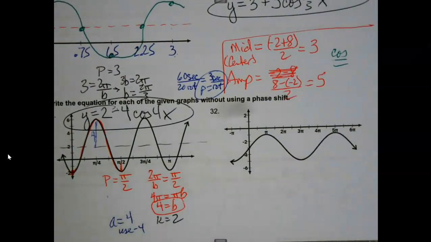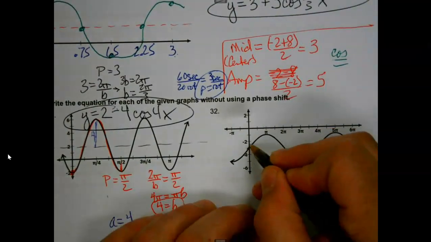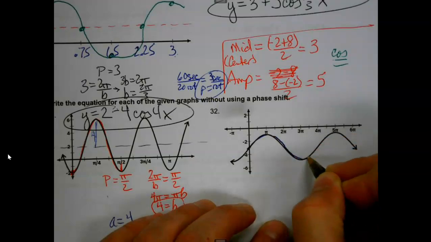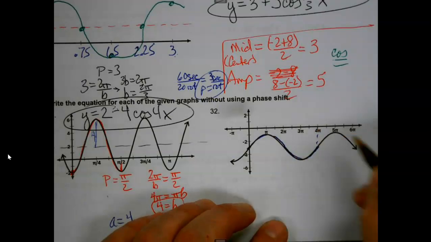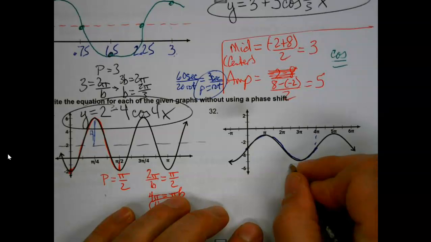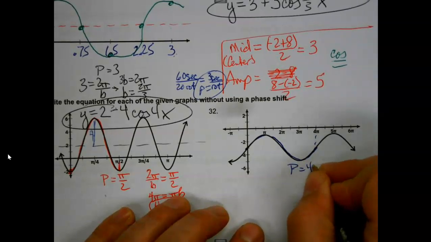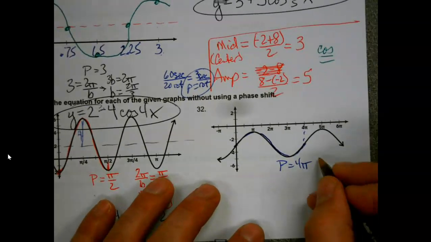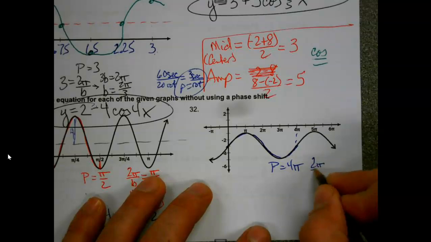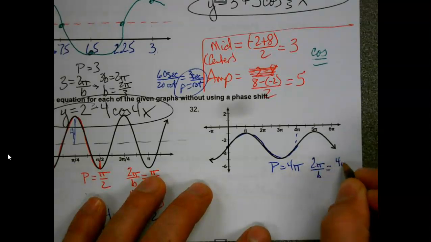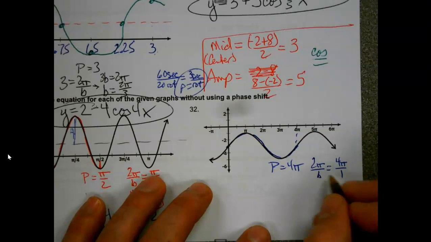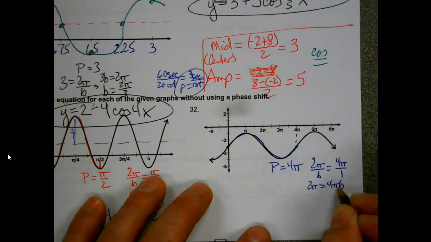One more time. So I work through again. My period looks to be 4 pi. 2 pi over b equals 4 pi over 1. Little cross multiply action. Divide both sides by 4 pi.